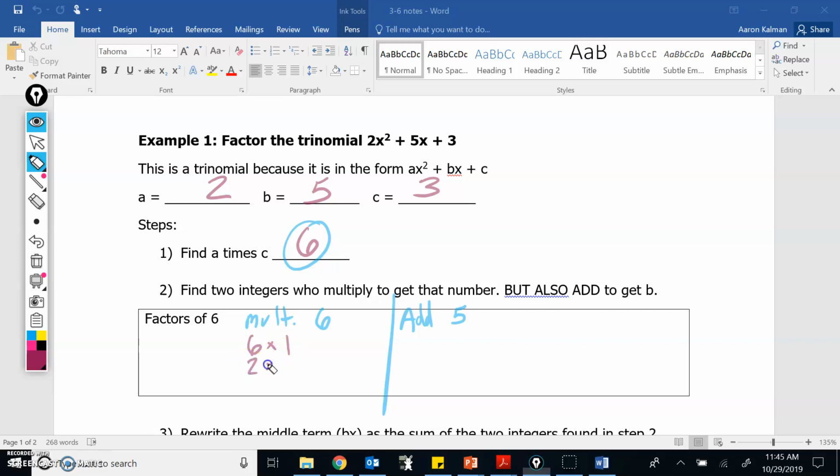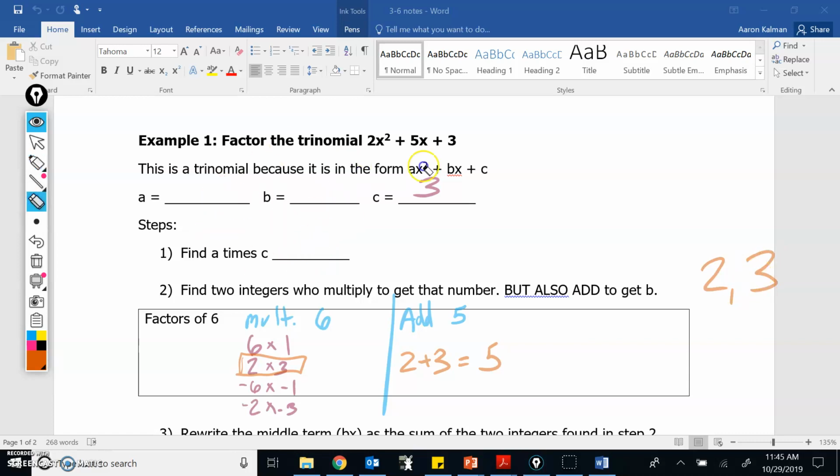We can do 2 times 3. We can do negative 6 times negative 1. And we can do negative 2 times negative 3. But which one of those add to get 5? It is this middle one right here, because positive 2 plus positive 3 equals 5. So on the side, let's list our factors. We got positive 2 and positive 3.